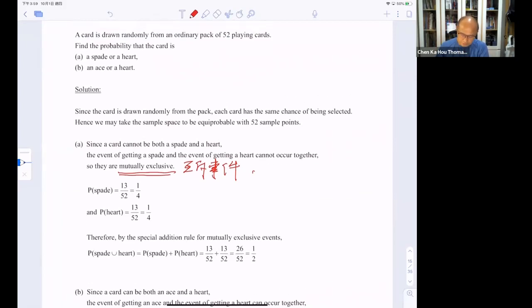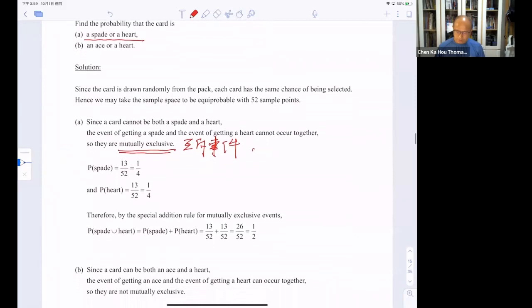Maybe for example, you choose a card, the card is a spade or a heart. You see that there is no card that is a spade and also a heart. So to solve this question, we use the addition rule.